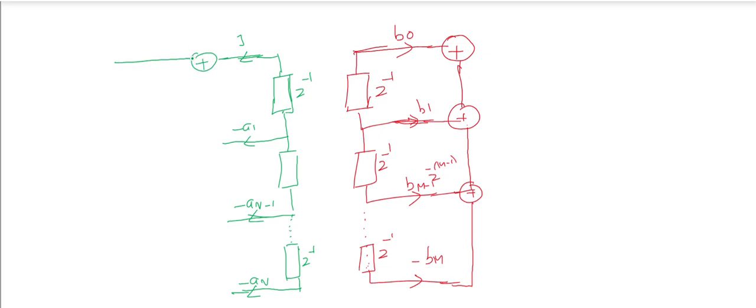So this is X of n. You are just replacing these all pole systems in front of the all zero systems.